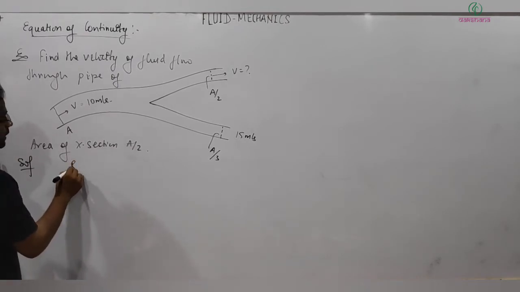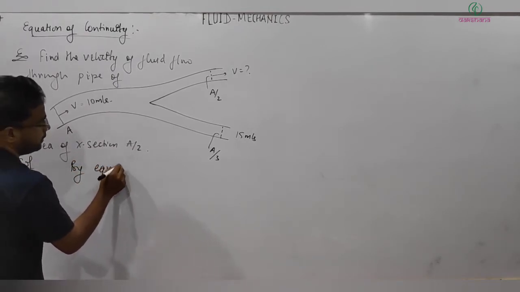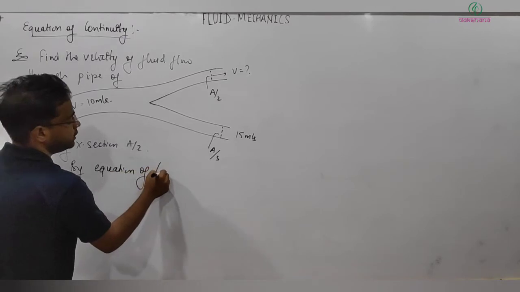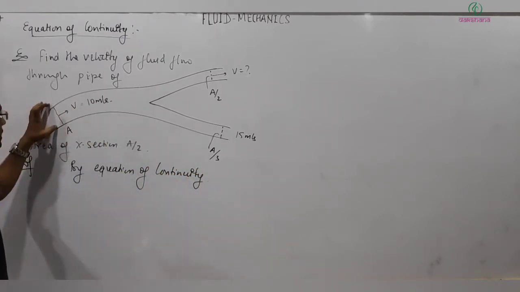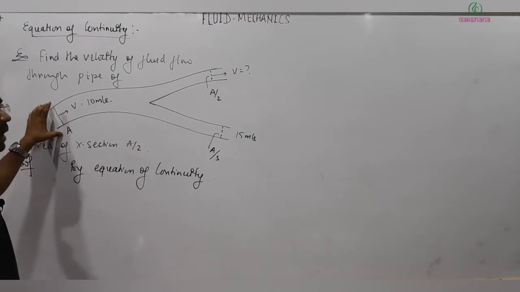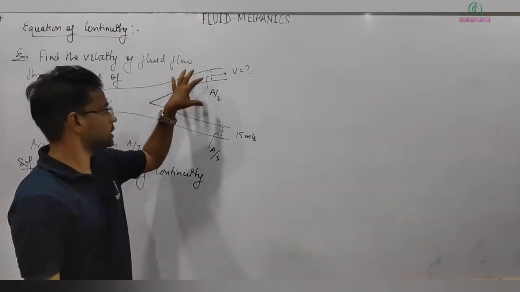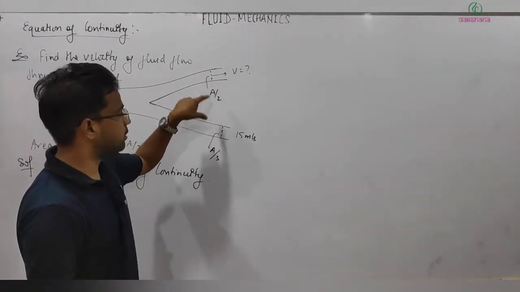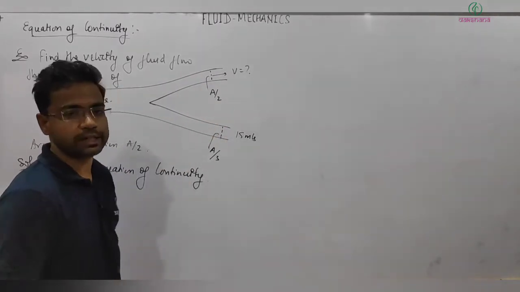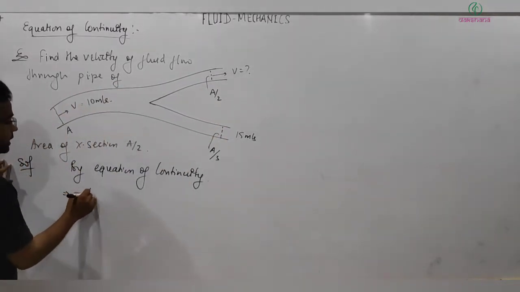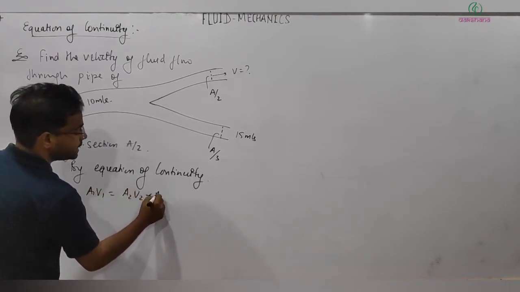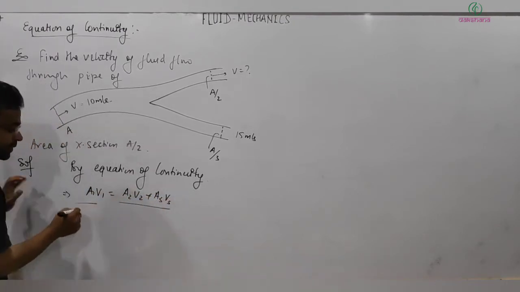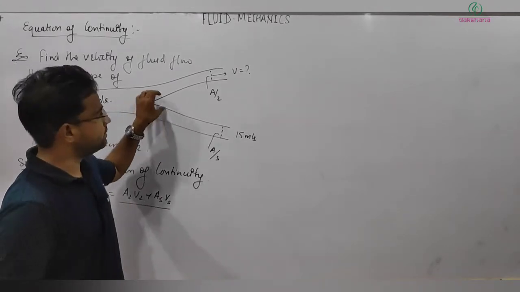With the help of the equation of continuity we can easily solve it. By the equation of continuity, the rate of fluid flow entering will be equal to the rate of fluid exiting at both the ends. So I can write A1 V1 is equal to A2 V2 plus A3 V3, because this pipe is itself dividing into two parts.